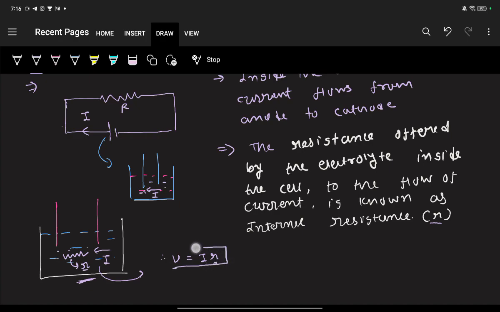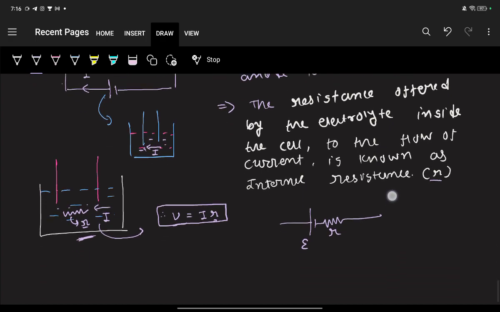Are you getting my point? So for circuit analysis, the internal resistance small r of a cell is considered to be connected in series with the cell. All right.